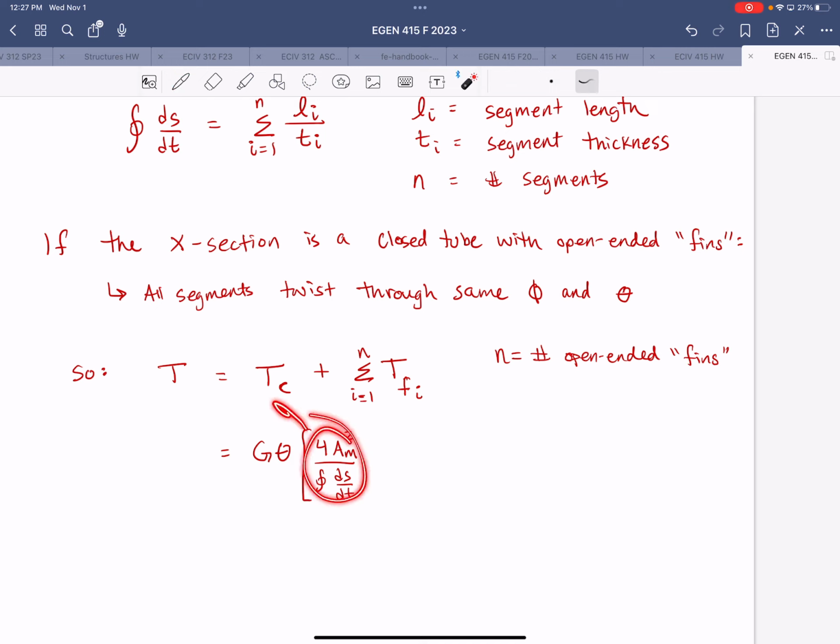That first term is the closed loop torque, and the second term provides the open-ended fin portion of the torque. That is coming from the last lecture: the torque is t cubed L over 3 times G theta. So t cubed over 3 G theta is the torque.